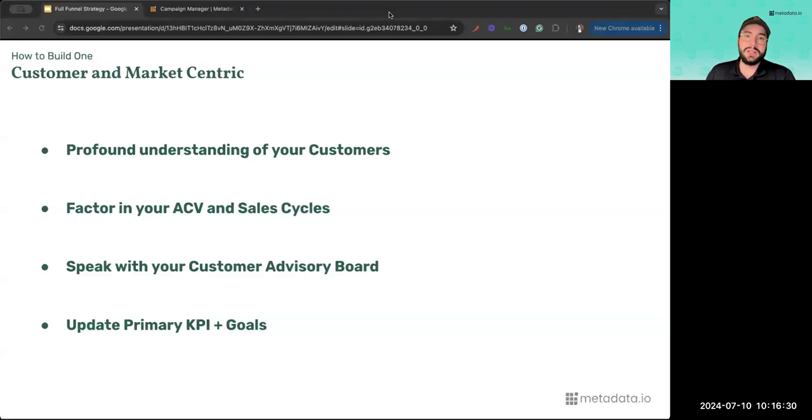Jeans cost $50. I don't need seven pieces of content, an ebook, a discovery call, or a demo, because it's $50. It's a very easy point-in-time decision: I'm going to Google search something. Probably whoever is doing the best on paid search is going to get my business, and I'm going to make a decision without thinking twice about it.